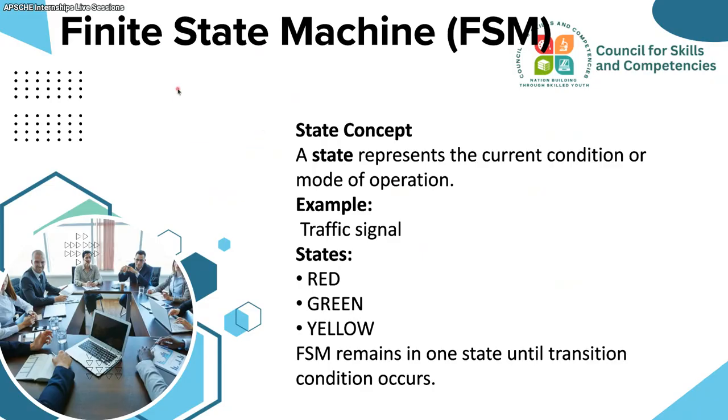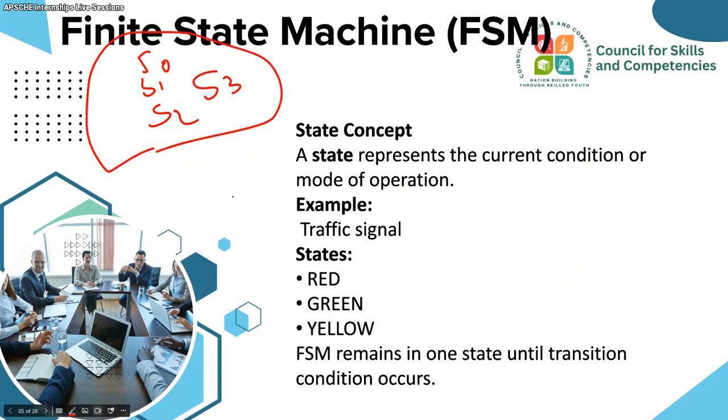First we want to define the states. That is very much important. Either state 1 or state 2 or state 0 or state 3, these things we have to decide. That is what I'm trying to tell. So an FSM remains in one state until a transition condition occurs.